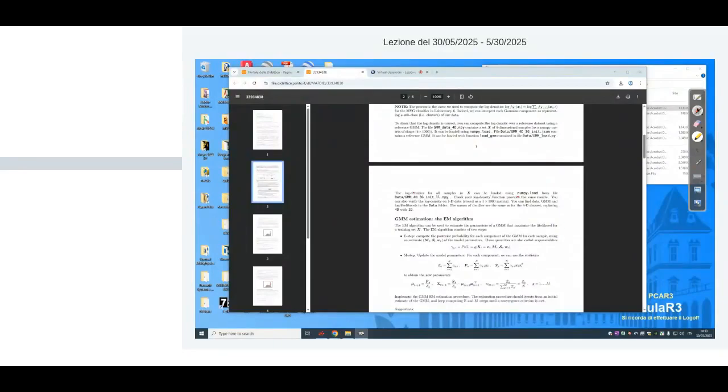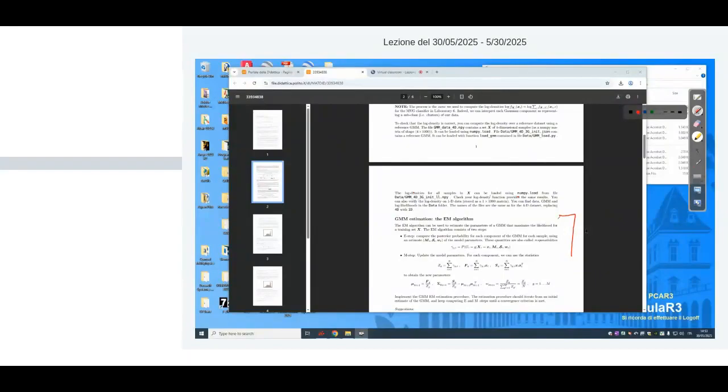Then, once you've done this, let's get to the bulk of the laboratory, so the training of the GMM, which is something that takes a bit more effort, and it's probably the highest effort part of this laboratory.